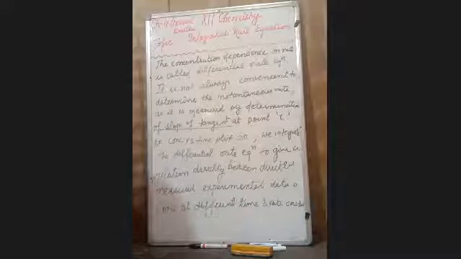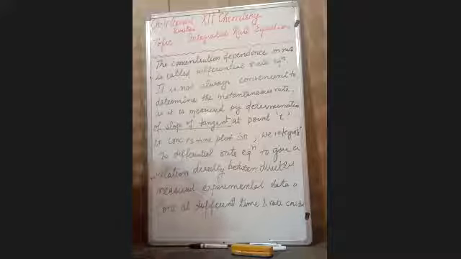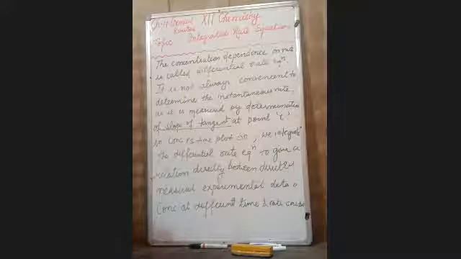So to avoid that problem, we can integrate the differential rate equation to give a relation between directly measured experimental data, that is, concentration at different times, and the rate constant. So the integrated rate equations are different for different orders of reaction.